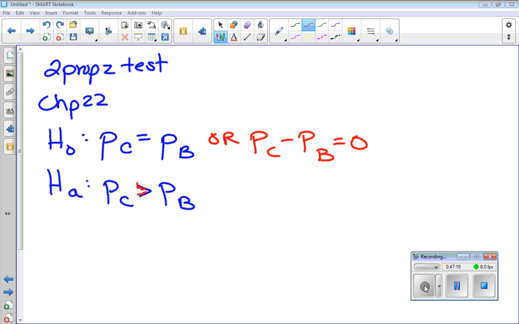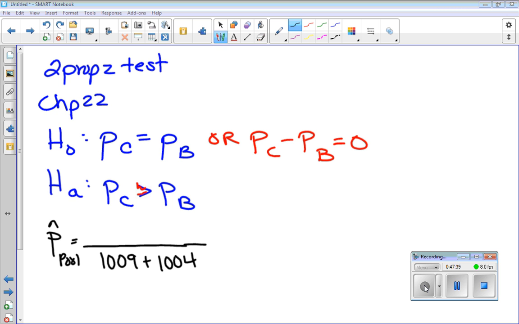That's fine. Okay. The other common mistake that I saw is that people didn't pool correctly. So can I show you what the pooled p-hat would look like? So the p-hat pooled looked like this. It was 1009 plus 1004 because those were the sample sizes along the bottom.